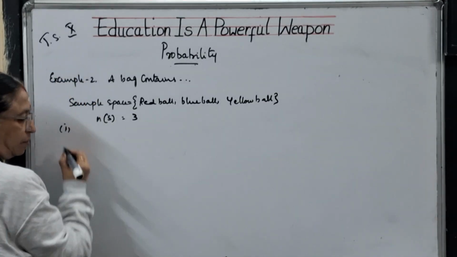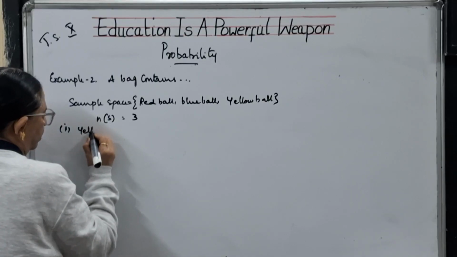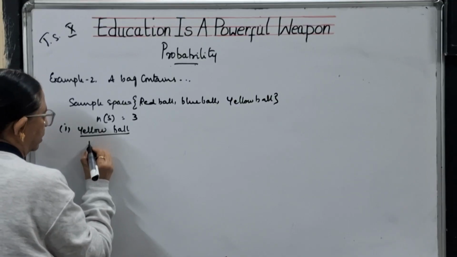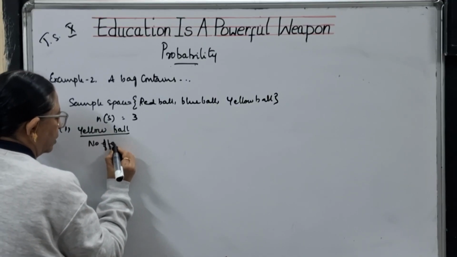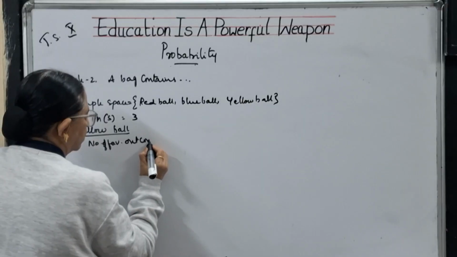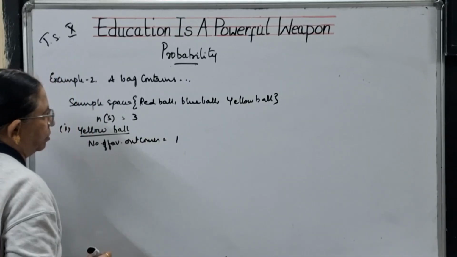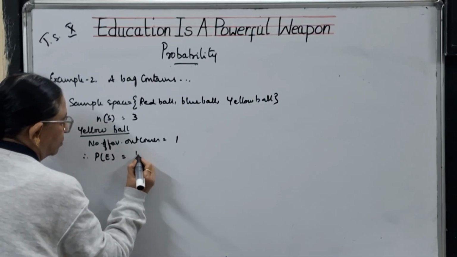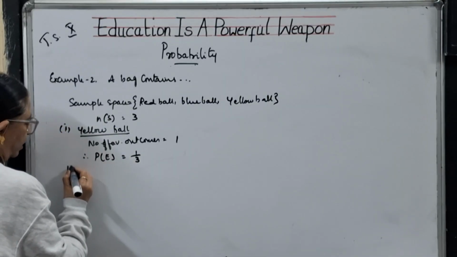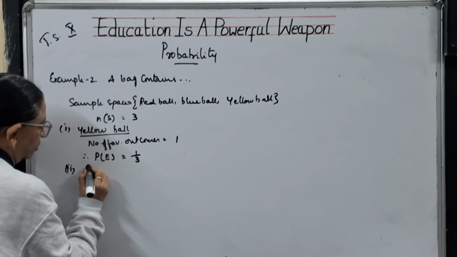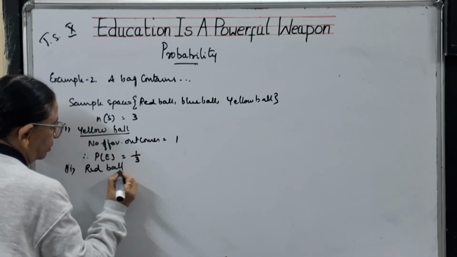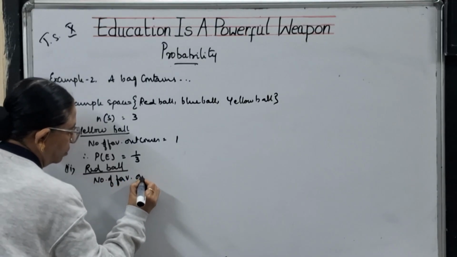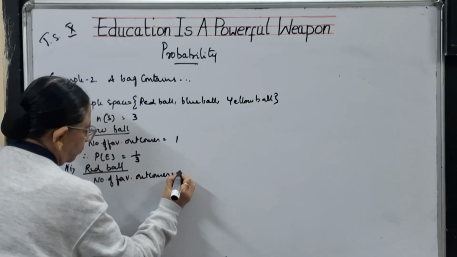So the first bit is you have to talk about the yellow ball. Yellow ball means here the number of favorable outcomes, how many are there? There is only one. Why? Because the yellow ball is only one. So therefore, the probability of this event is nothing but 1 by 3. And the second one is we need to talk about the red ball. Here also, the number of favorable outcomes is 1.